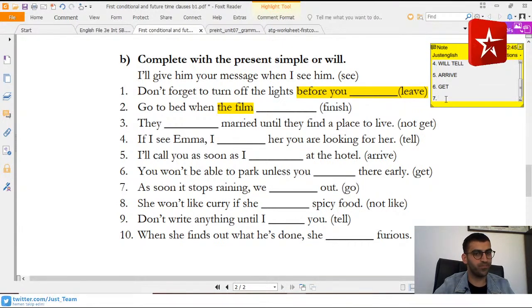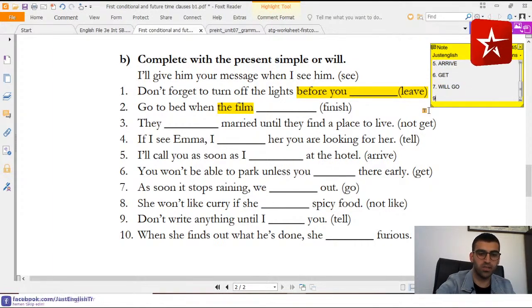So number 7, as soon as it stops raining, we will go out. Yes, will go is a correct answer for number 7. That is the correct answer.